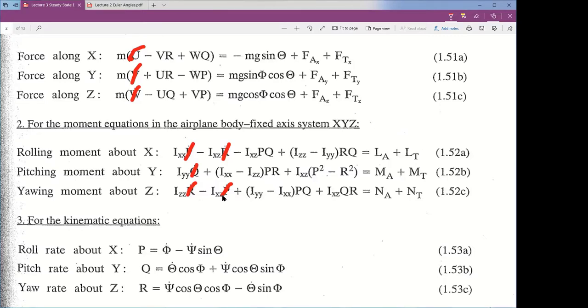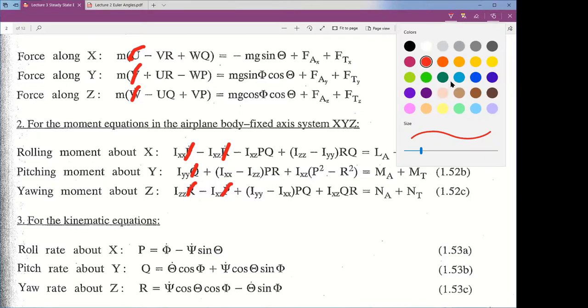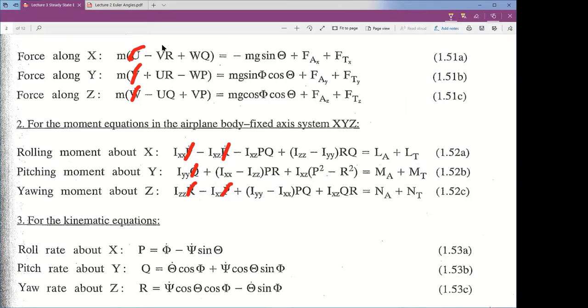So you might be saying, well, what about V, R, Q, and P? Should we knock those out too? What's a good question mark color? Yellow, maybe? How about these? Should we knock those out? What if we said W was 0, U was 0, and V was 0?